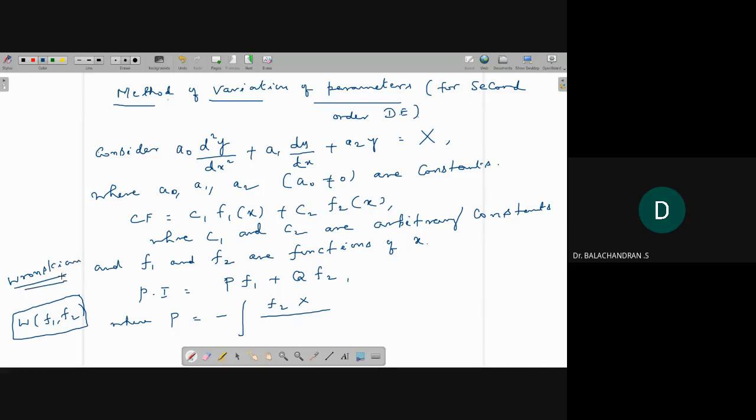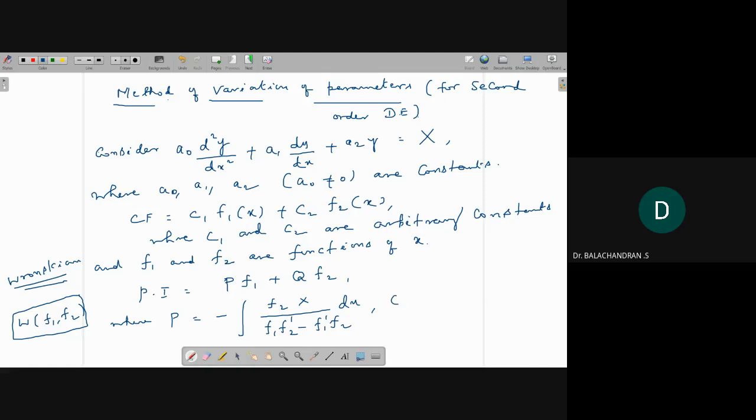I think you can see this word in the book. So that denominator, the Wronskian of F1 comma F2, is F1 into F2 dash minus F1 dash into F2, into dx.